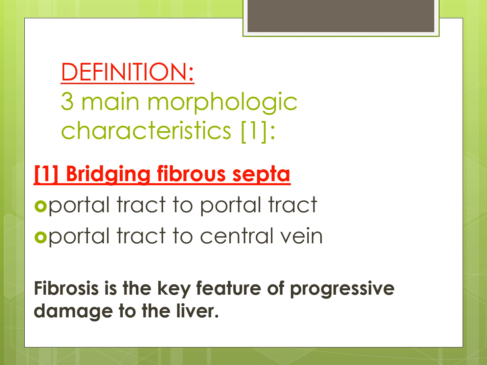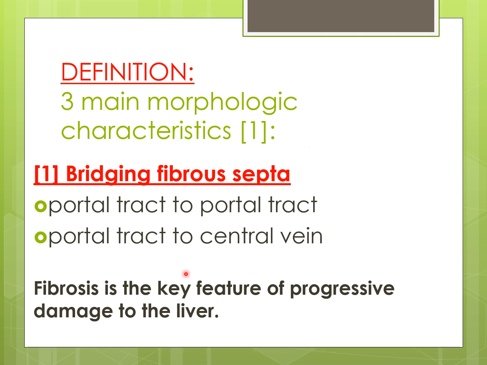There should be three features, only then we can call it cirrhosis. The first one is bridging fibrous septa. These are the fibrous tissue, the collagen tissue, which extend from one portal tract to another portal tract, or from one portal tract to the central vein. So these are the bridging fibrous septa. One feature, the first feature.